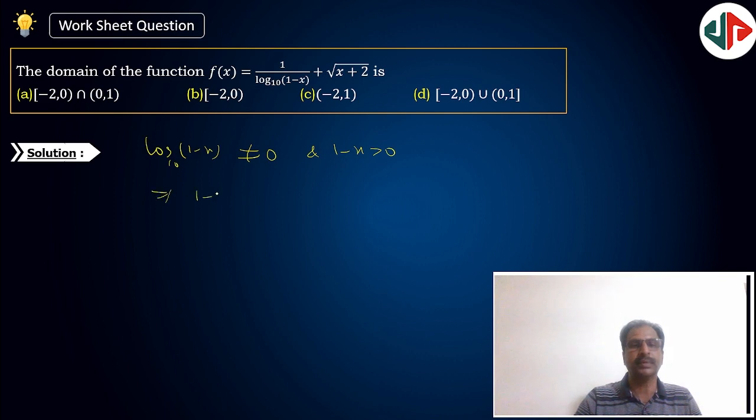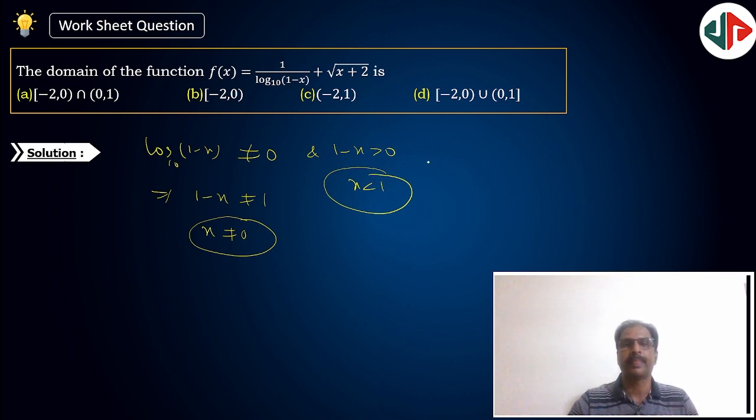From this, 1 minus x is not equal to 1, so x should not be 0. And here x should be less than 1. For the second condition, x plus 2 greater than or equal to 0, which means x greater than or equal to minus 2.